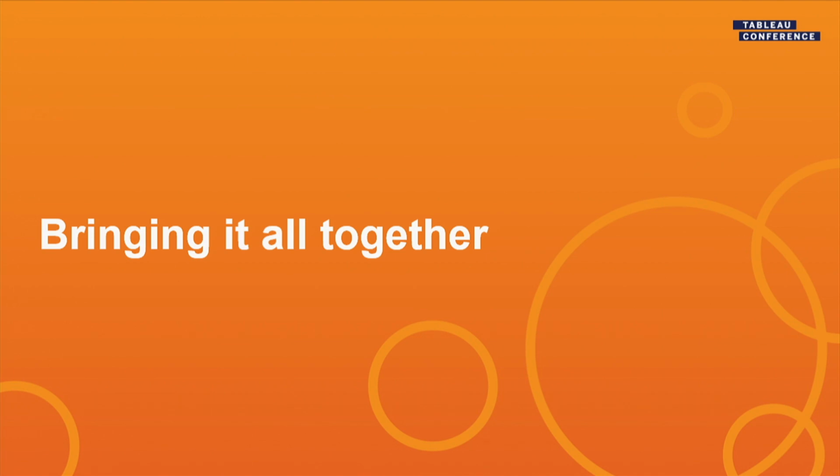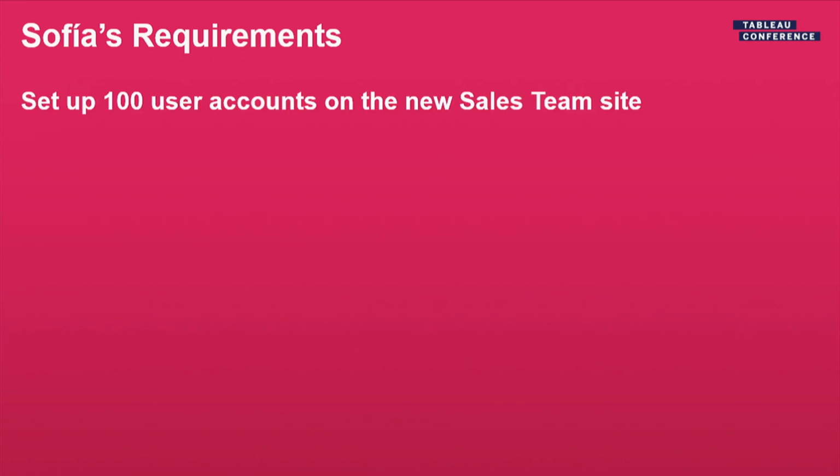All right. So that was Tuesday. Now it's Wednesday morning. The all-hands meeting is starting in half an hour. Sophia asked you to set up a site and add 100 new user accounts. She asked you to make a new project for each of the 27 product lines.